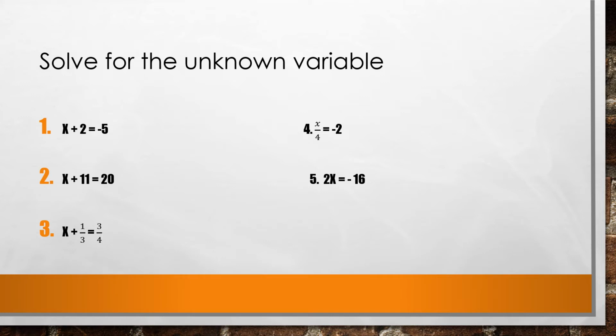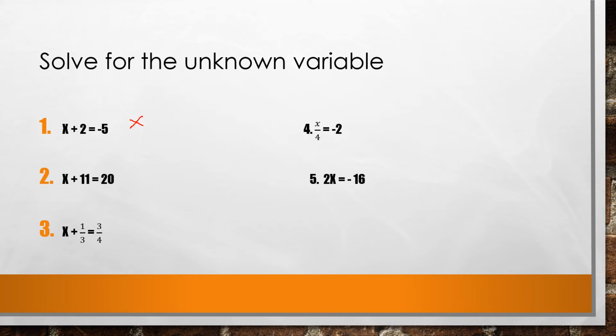Now let us solve the unknown here. Okay, for number 1, x plus 2 is equal to negative 5. So how are we going to do this? Okay, so we have x is equals to, since it's positive, we need to subtract.